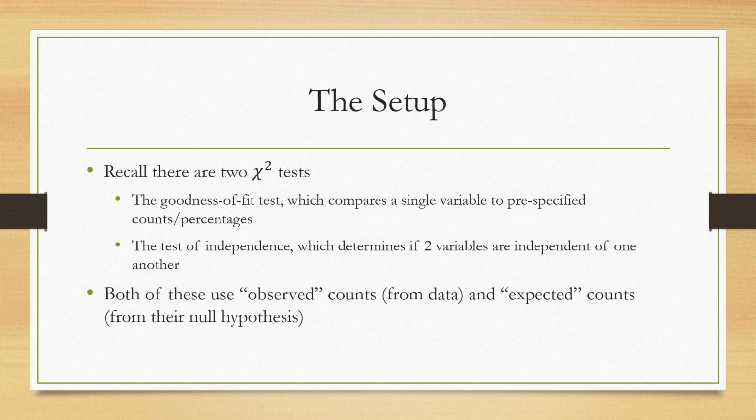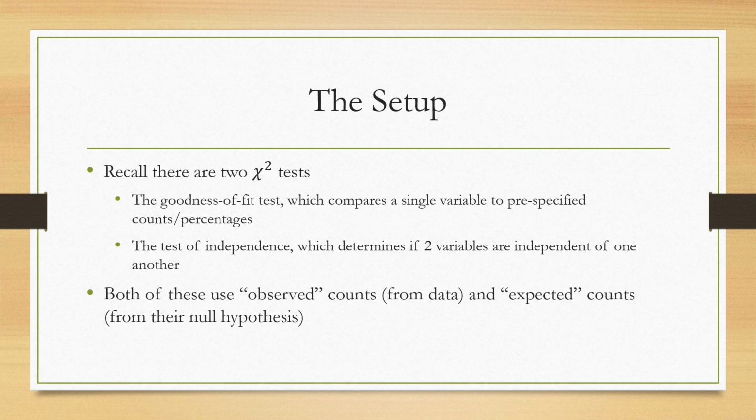Both of these used the observed counts, which are what we see in the data, as well as what we're going to call expected counts, which come from the null hypotheses. So these terms of observed and expected are going to be terms that we continue to see.